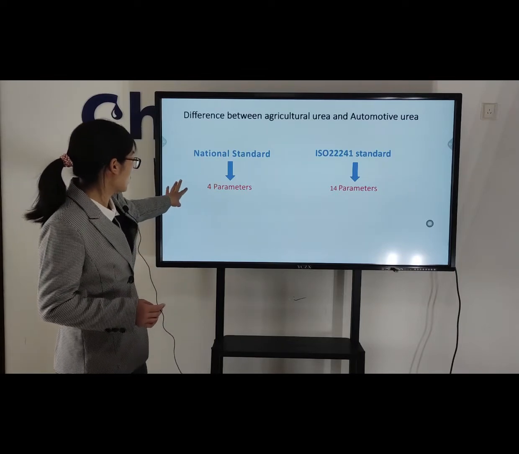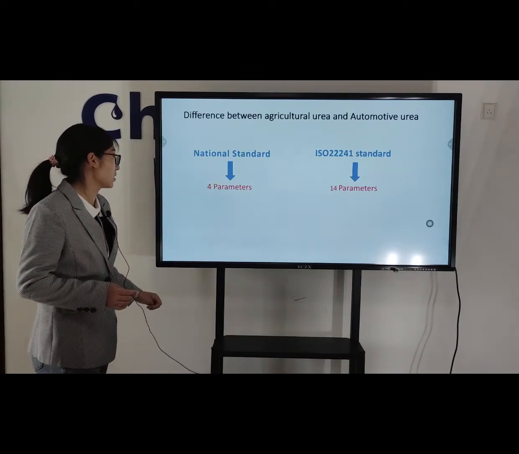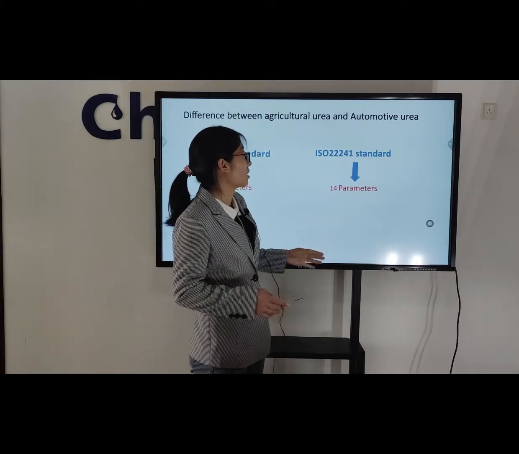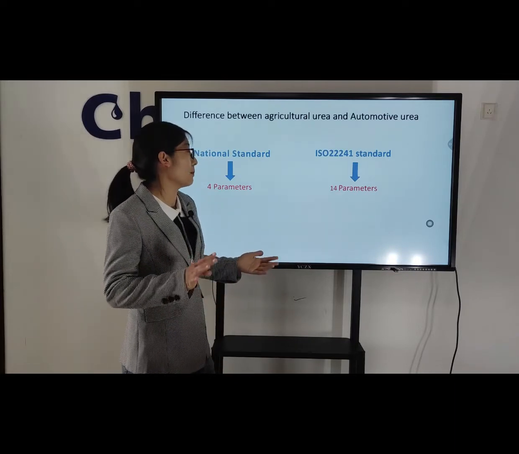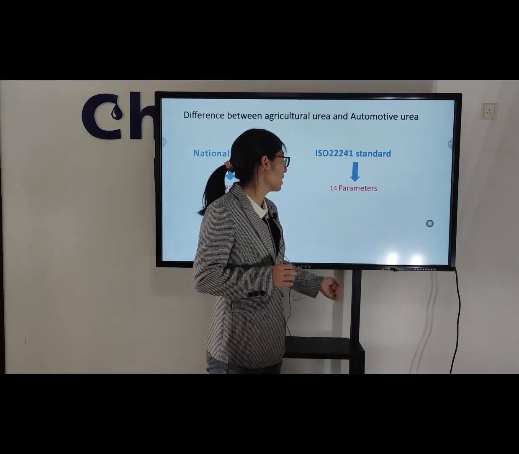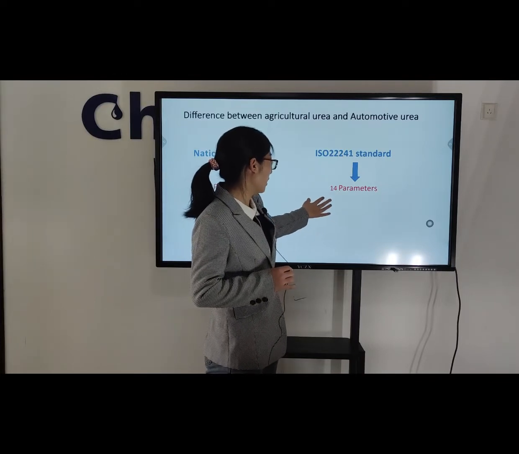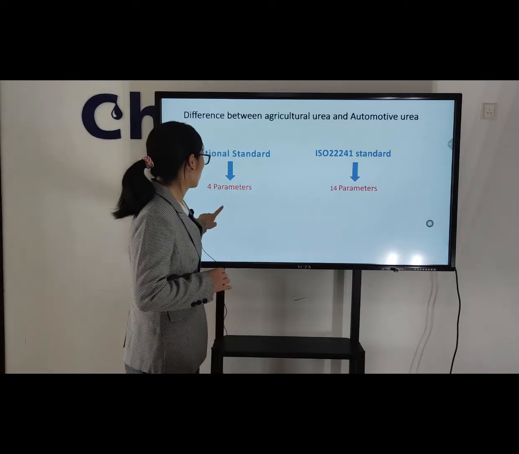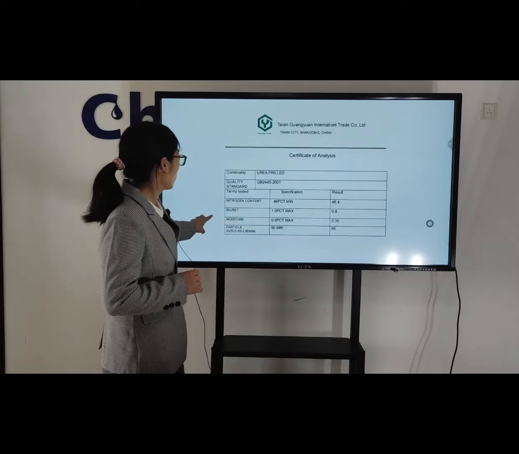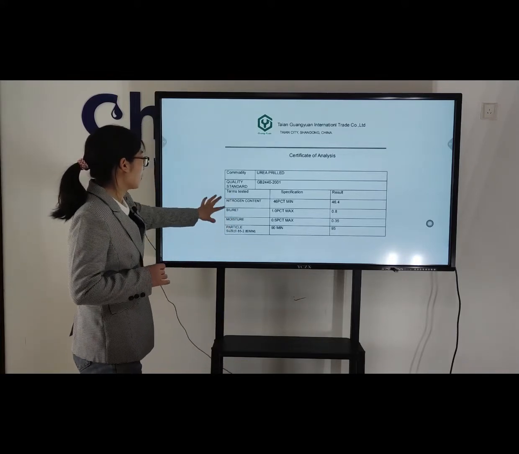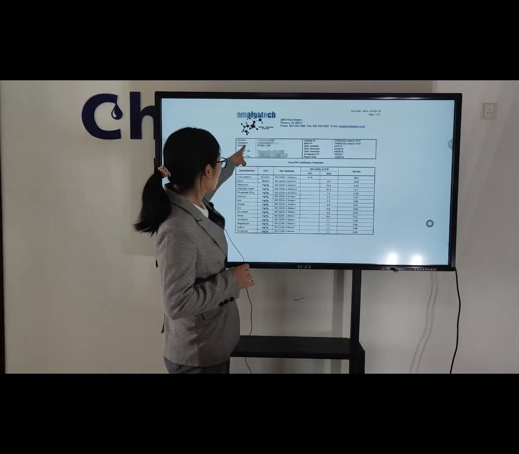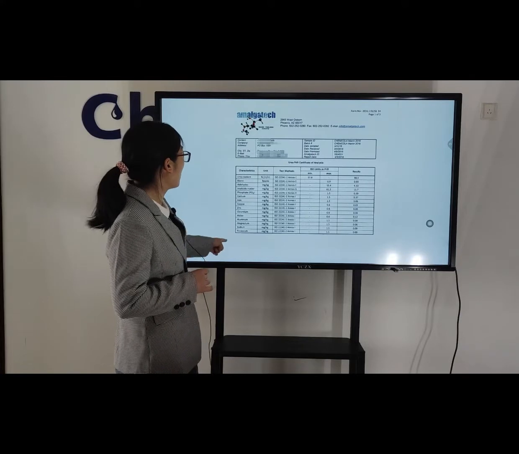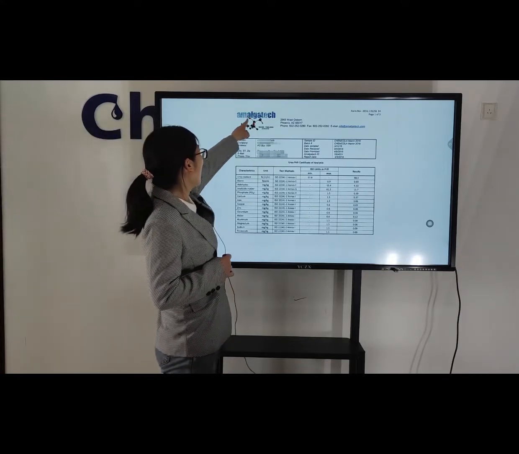The fertilizer urea is made according to the Chinese national standard, which includes 4 parameters, and the automotive urea, which is a high purity urea, has to be manufactured according to the ISO standard. That standard has to meet 14 parameters. Here's the certificate of analysis for the fertilizer urea. There are 4 data points. And this other certificate was issued by a lab in North America called Amalgatech.